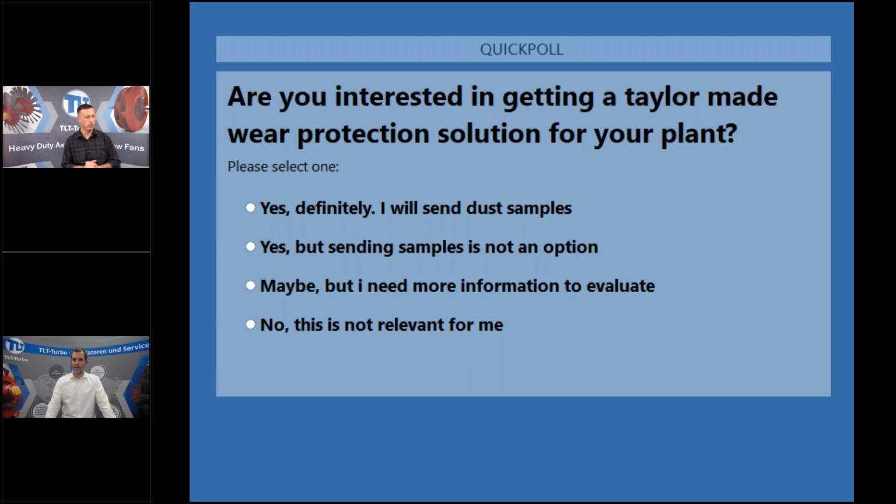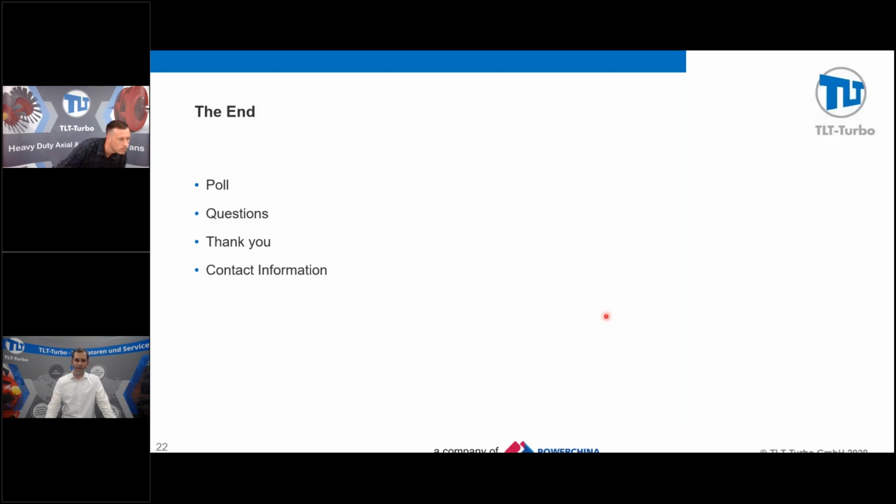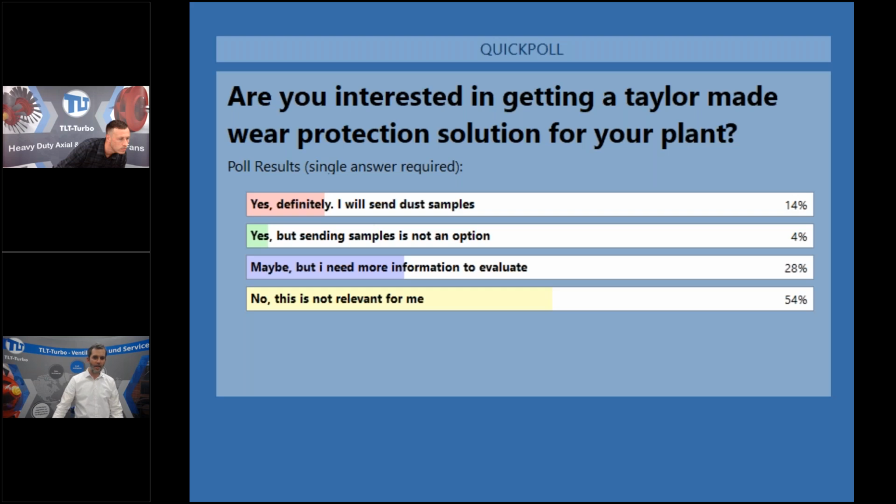All right. We have already a lot of participants in the poll. I'm going to close the question now and display the result. And it's very interesting that almost half of you participants are interested in getting a tailor-made wear protection, or at least need more information on that. If you need more information, we can provide this.